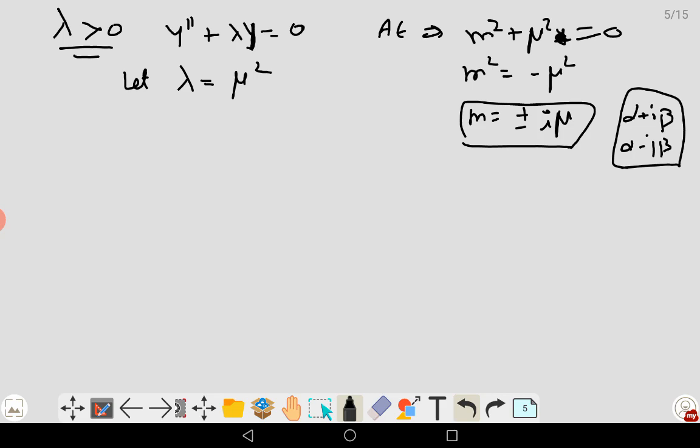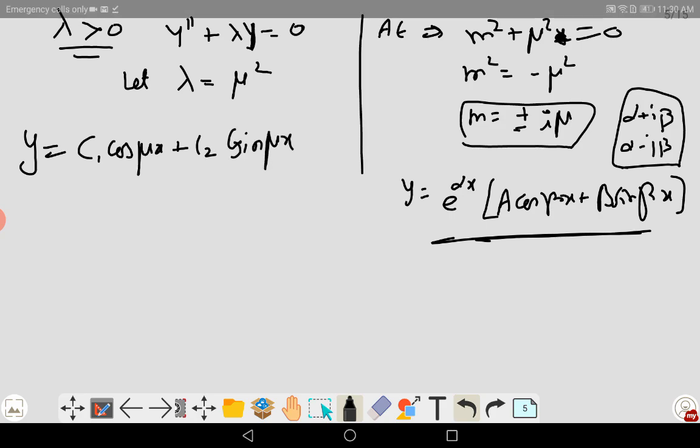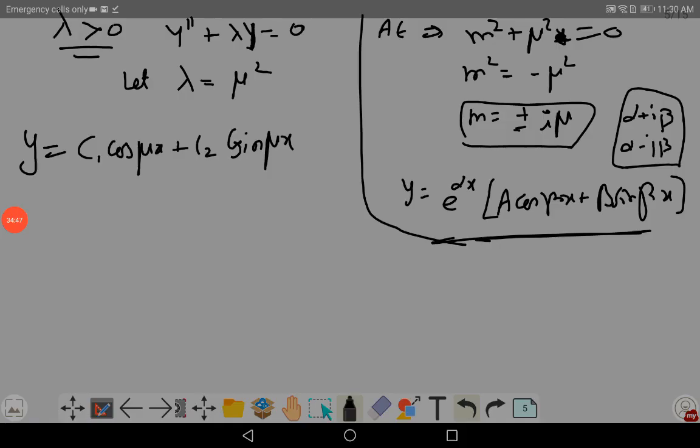This kind of complex pair will give you the solution y is equal to e raised to alpha x, a cosine beta x plus b sine beta x. So in this case our solution is y equals e power alpha, there is no alpha here, so e power 0 will be 1, c1 cosine mu x plus c2 sine mu x.